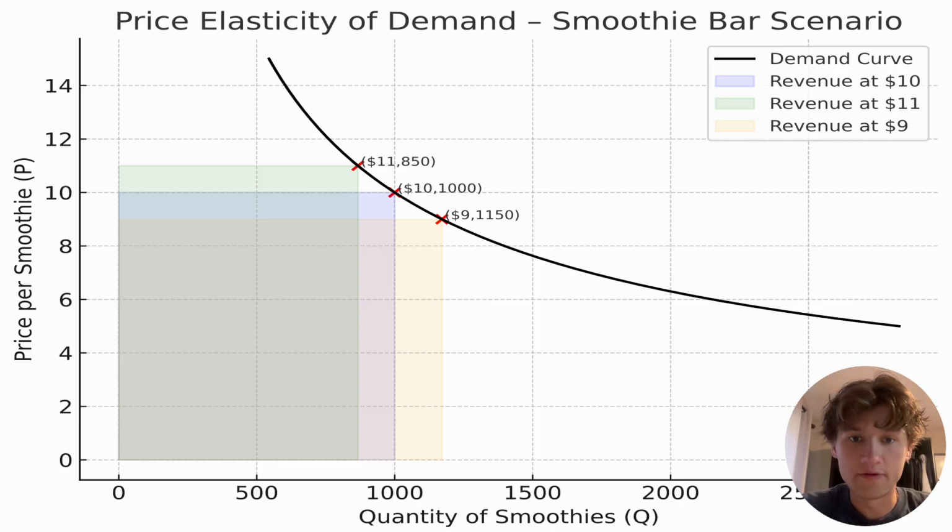And then if we move down to $9 and 1,150 quantity demanded, the total revenue expands to just over the starting point. So the demand curve clearly shows that the size of the revenue box, price times quantity, grows when we lower the price in the elastic range that this smoothie bar scenario is in.